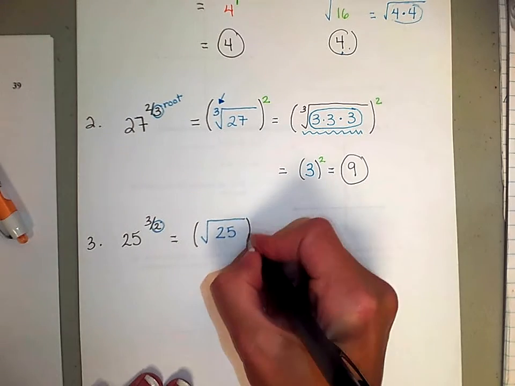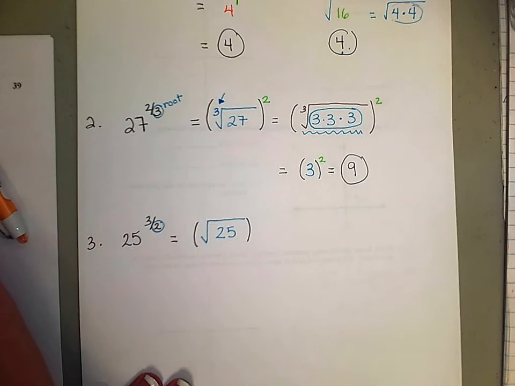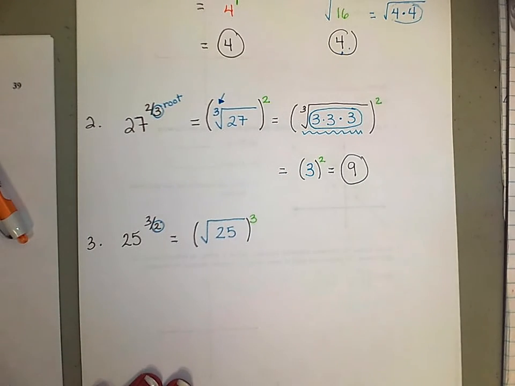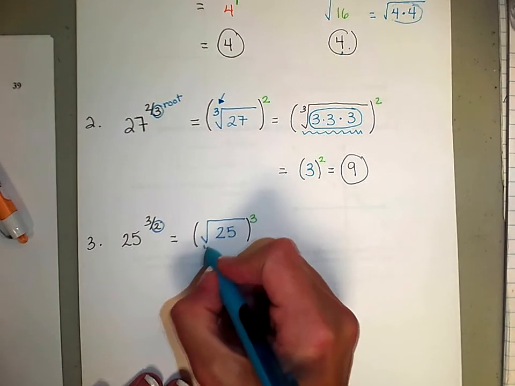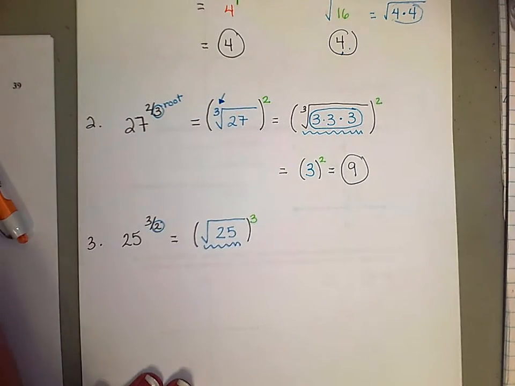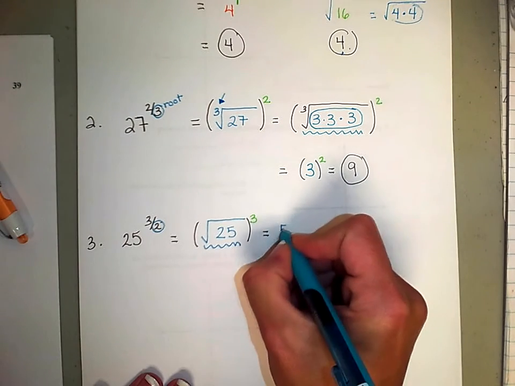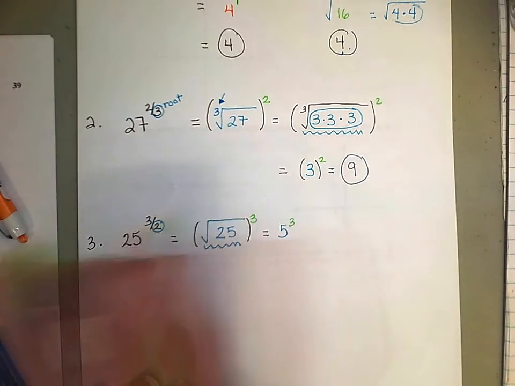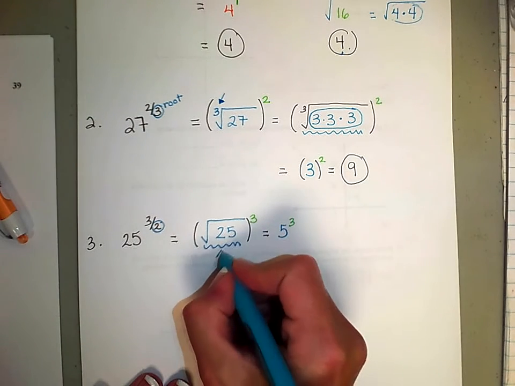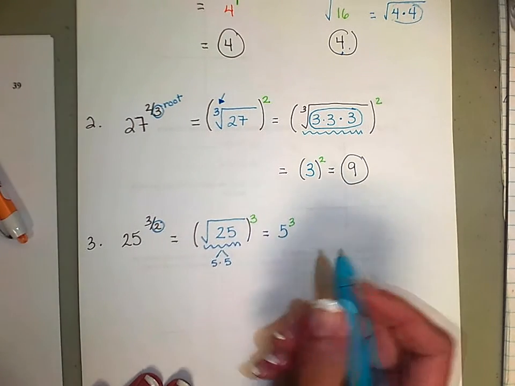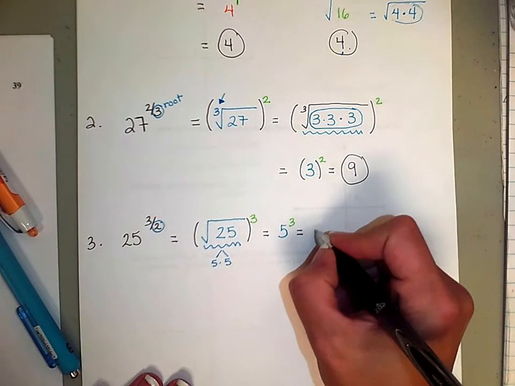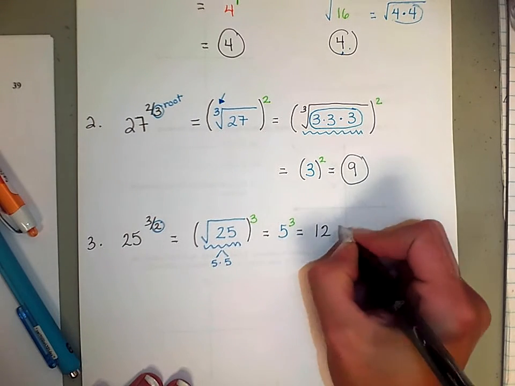And then, since the square root of 25 is a perfect square, I'll take that first before raising it to the 3rd power. We know that the square root of 25 is 5, because 25 is 5 times 5. And that is still cubed. Okay. And 5 cubed then is equal to 125.